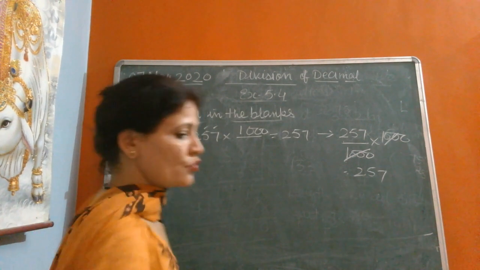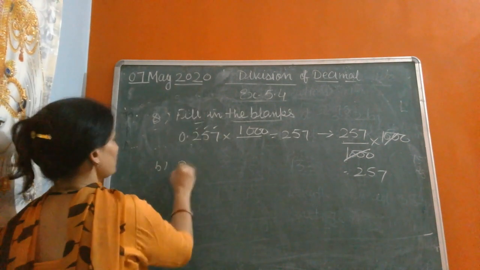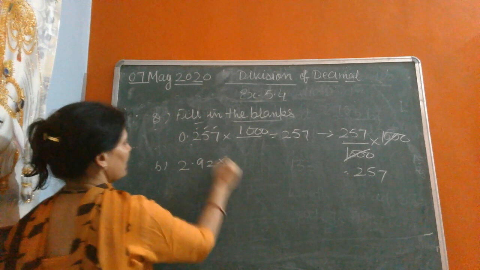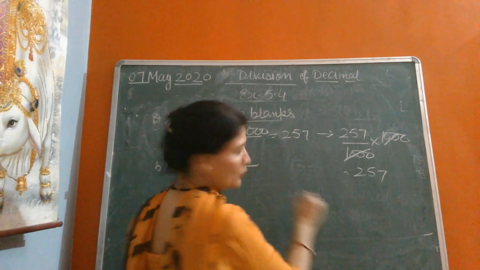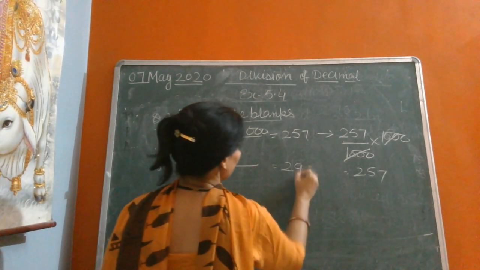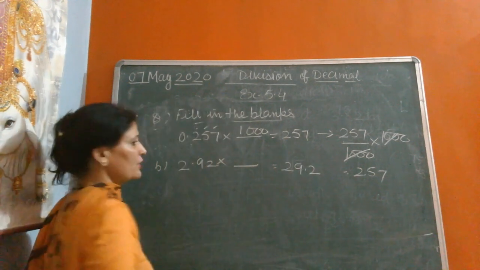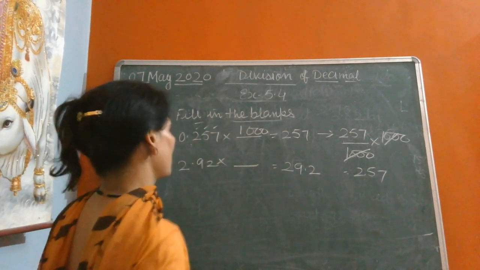Now next is 2.3. 2.92 multiplied by dash equals 29.2. So how to do this question?